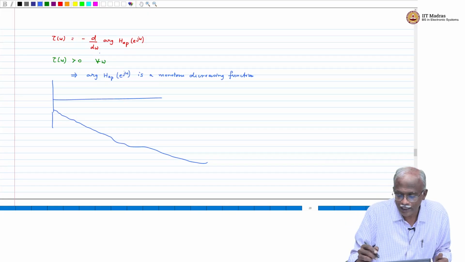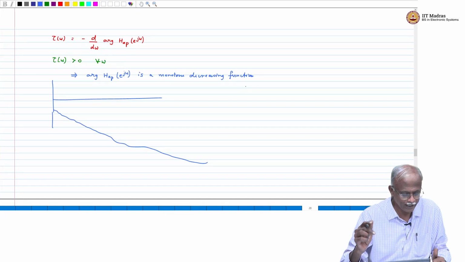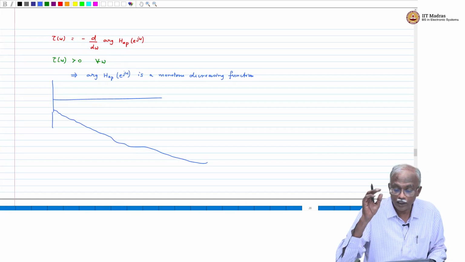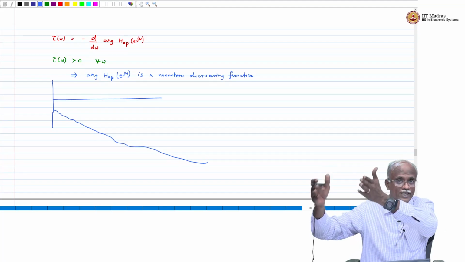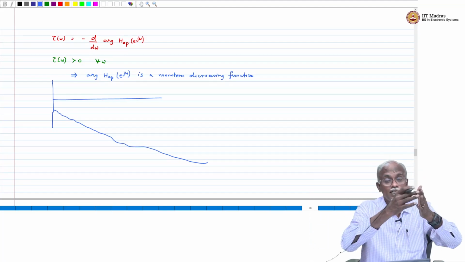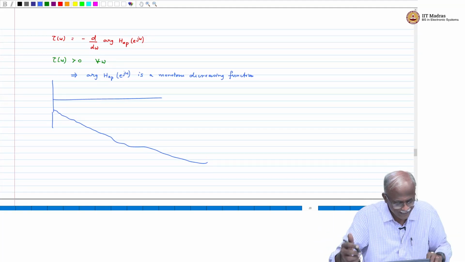So basically what you see is a monotone decreasing function. Now if you have many all-passes, not just a first order but a second order, third order, fourth order, doesn't matter, all of these terms will satisfy the same thing.